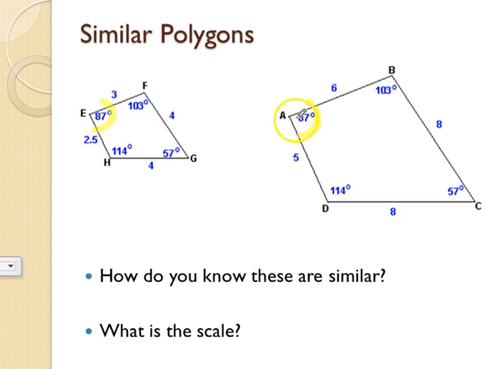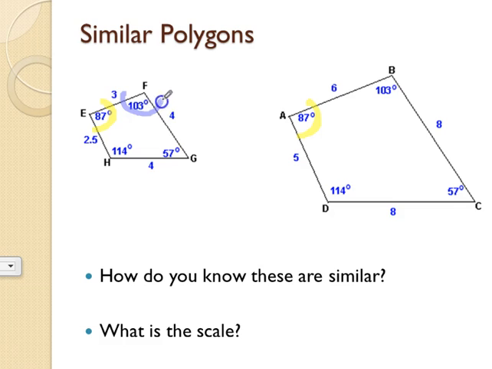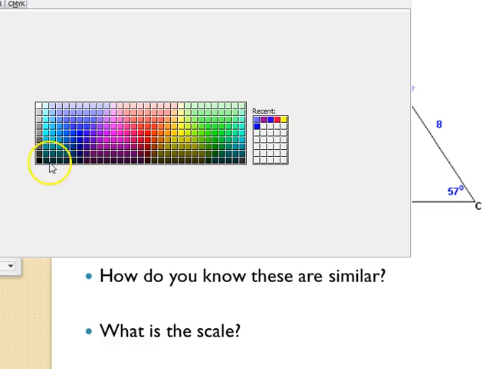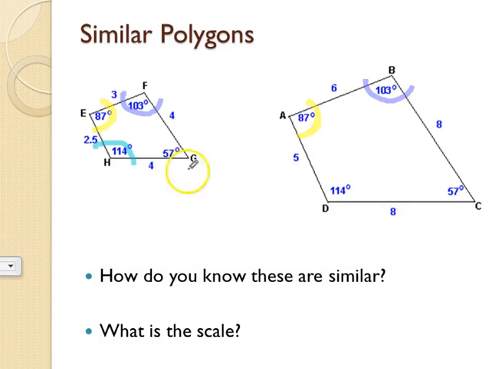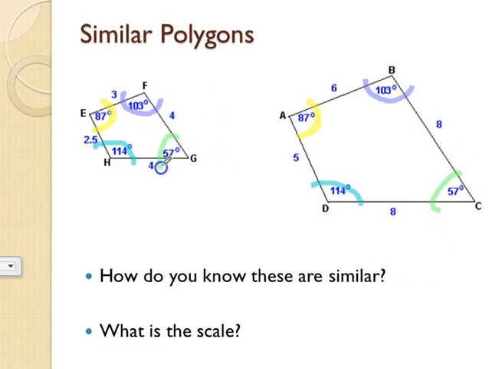So we see that angle A and angle E are corresponding angles, and they have the same angle measurement. We see that angle F and angle B are corresponding. They have the same angle measurement. We see that angle H is corresponding to angle D. They have the same exact angle measurement. And last but not least, angle C and angle G are also the same. They're congruent. So we see that all the corresponding angles are congruent.